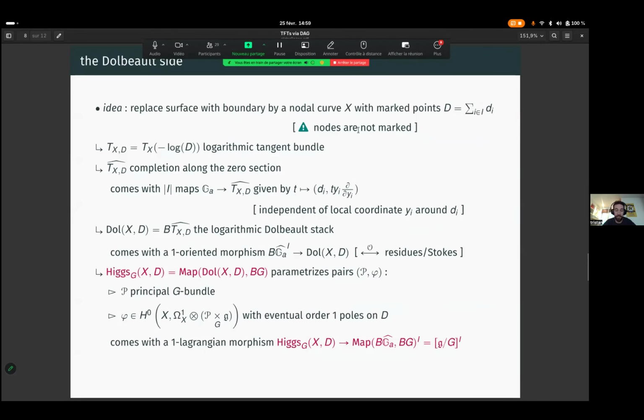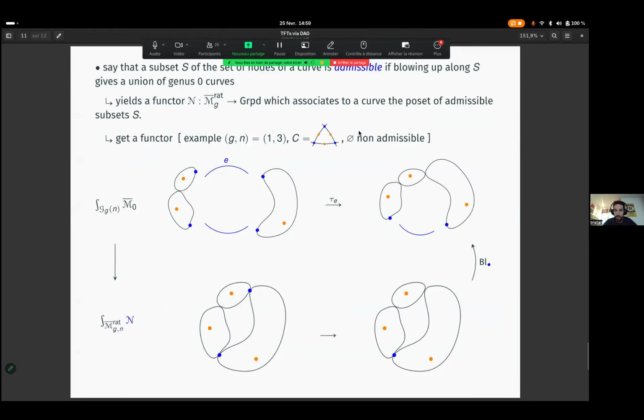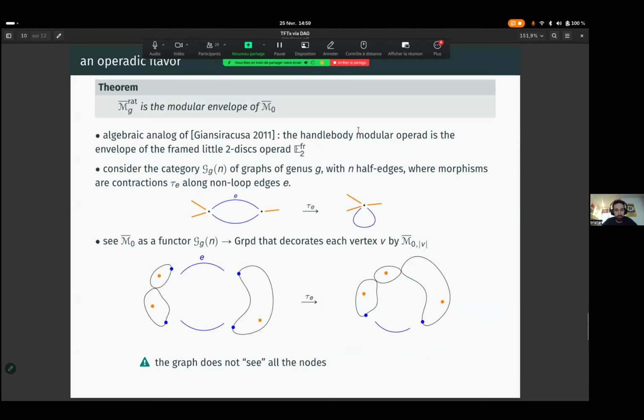Okay, so we're really working on this right now. These are very good questions. I don't have the answer yet. This MG-N-rat is very natural in a way, I guess.